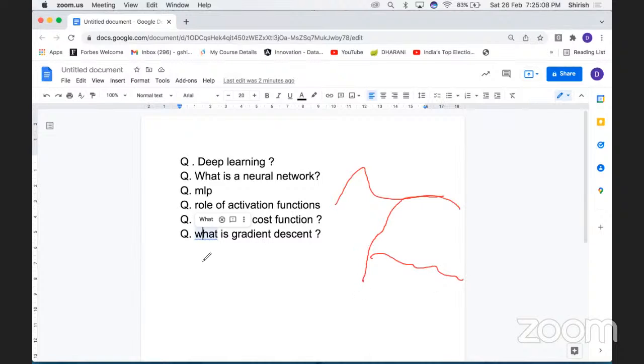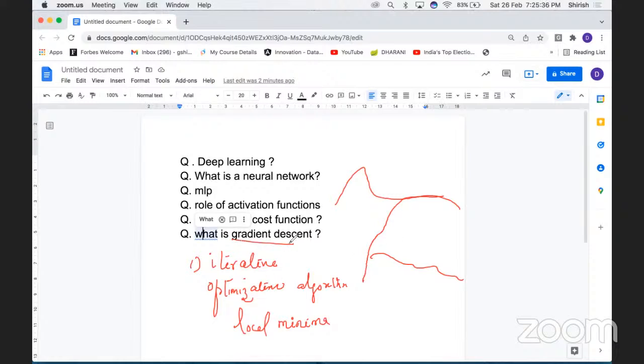So the first thing is it is an iterative optimization algorithm for finding the local minima of a function. To find the local minima of a function, we are using gradient descent.